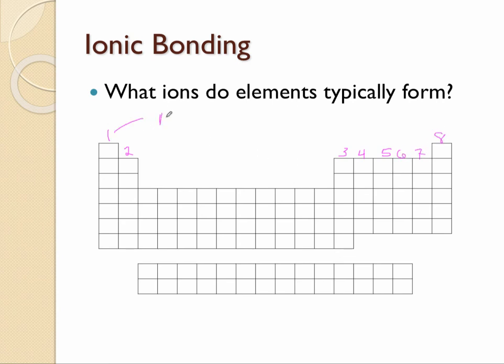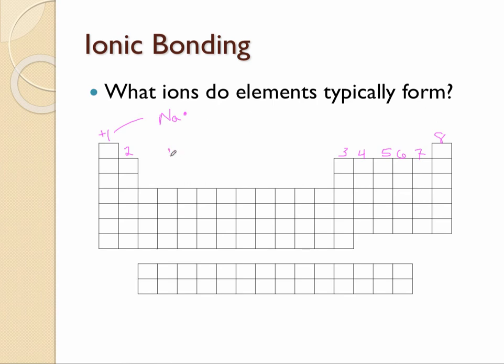We talked about sodium having that one electron. To complete the octet, sodium really has two choices. It can lose this one electron, or it can gain 7. What is easier to do? It's easier to lose that one electron.